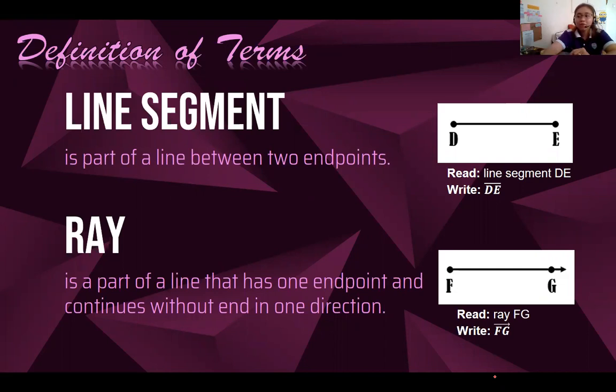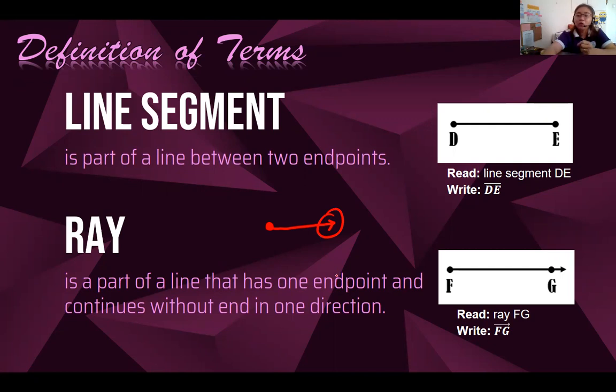Then we have as well a ray. A ray is a combination of a line segment and a line. It is a part of a line that has only one endpoint. So one starting point, say, for example, like this one, then continues without end in one direction. Your indication that it continues without an end is your arrowhead.